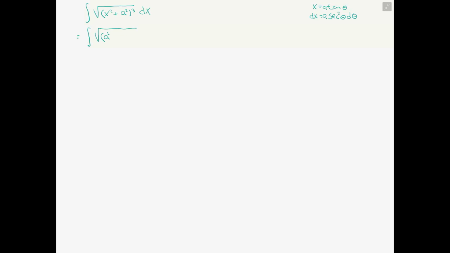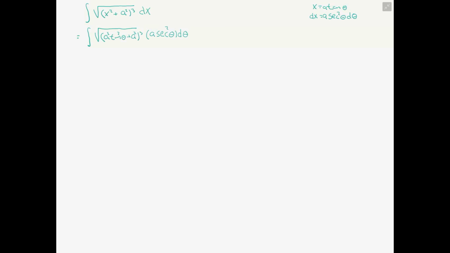You can see that I put the a's in for my substitutions, and now under my square root, I've got a squared plus a squared tangent squared theta, now cubed, dx. But, oh yes, don't forget the fact that dx is a secant squared theta d theta.